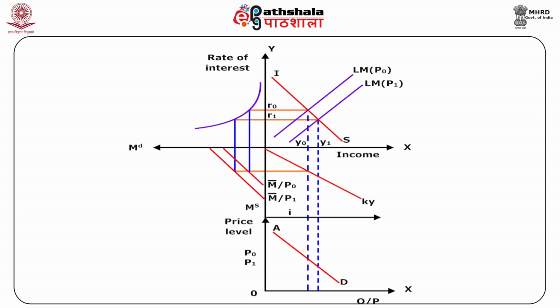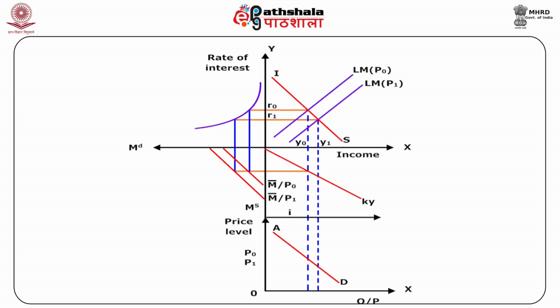In the first quadrant, we have the LM function, and the LM function relates the rate of interest to the level of income or real output. So, in the first quadrant, on the y axis we have rate of interest, and on the x axis we have real output.